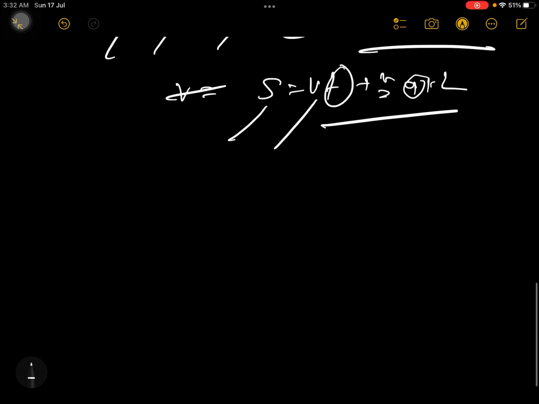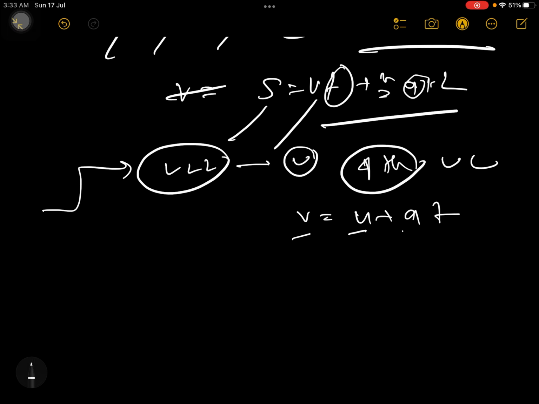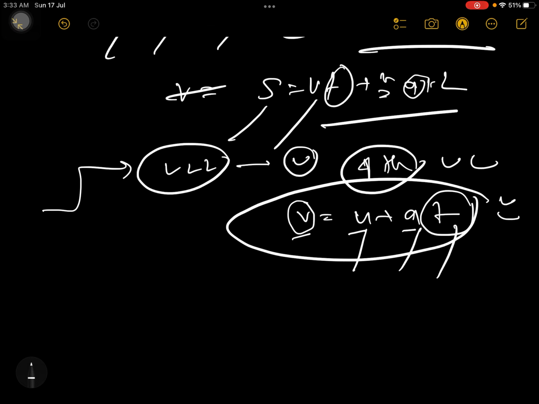So what I'm trying to tell you here is that there are certain types where 3 variables will be from the same equation, and because of that the 4th variable you can find out easily. For example, V is equal to U plus AT: V, U and A are given, you can find time easily, or time, acceleration and U are given, you can find V easily, or any 3 out of these 4 will be given and you can find the 4th one.